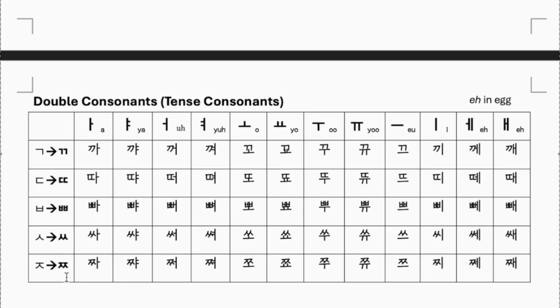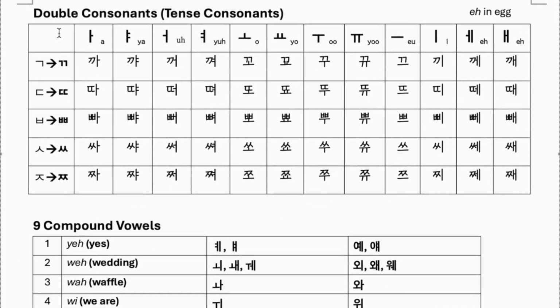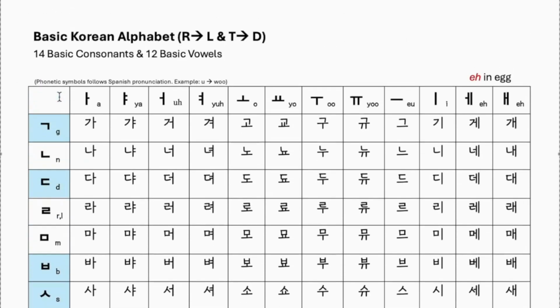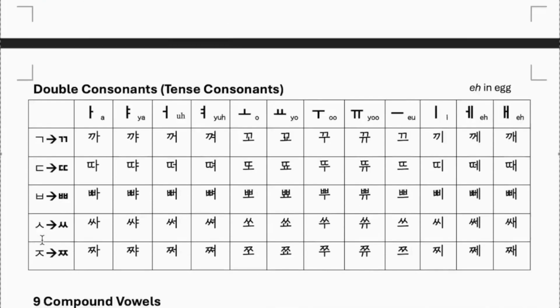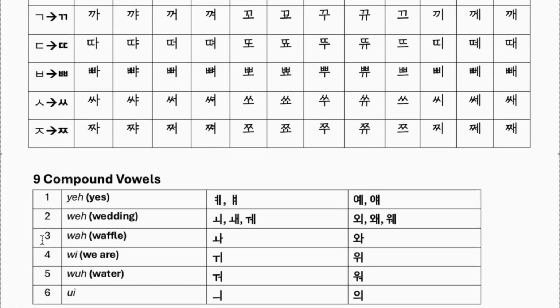Ja, ja. At this moment, it's good enough to understand what these are, but we will practice more in the class. So we call those double consonants or tense consonants, and only 5 of them have it. So the 14 basic consonants plus 5 makes 19 consonants all in Korean Hangul.